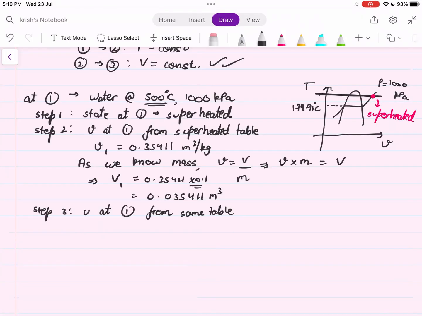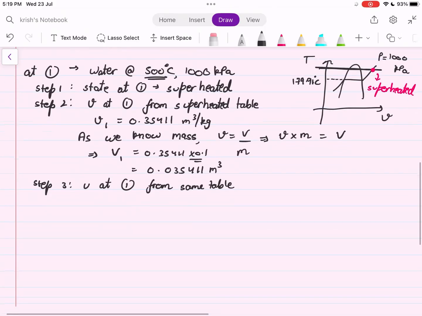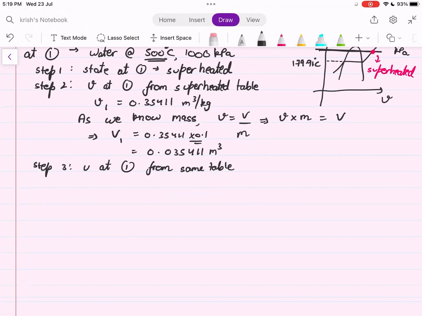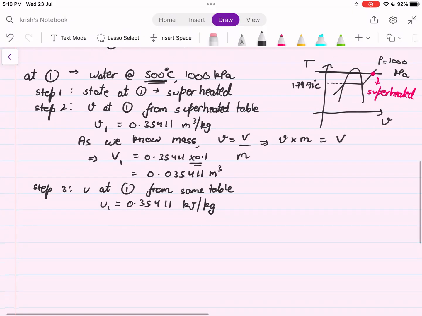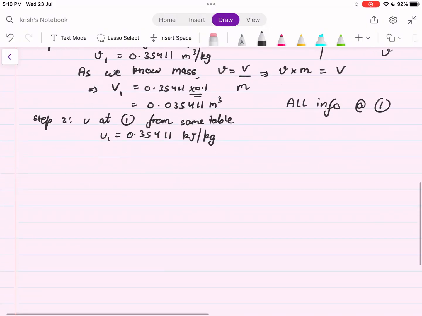The value of U and S and such is given in kilojoule per kilogram. So you have to be careful while using it in numerical to convert it to joules, right? So U1 equals to 3124.34 kilojoule per kilogram. Right. So now we have acquired all the info we possibly can at 1.